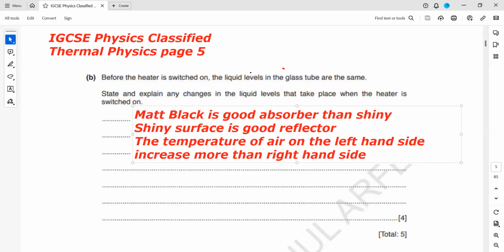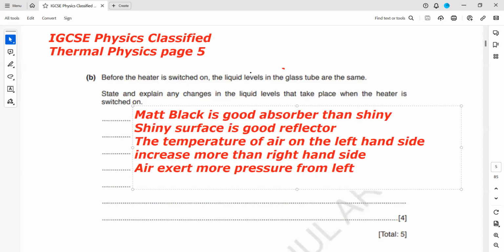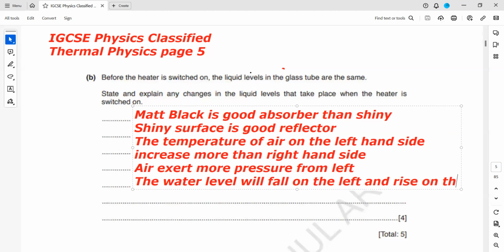As a result, the air exerts more pressure from the left, so the water level will fall on the left and it will rise on the right. So this is what happened.